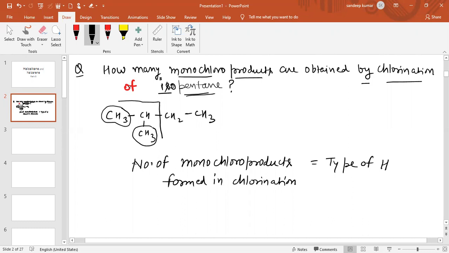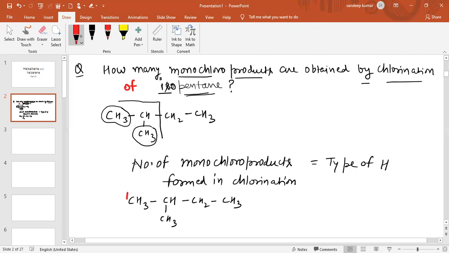So which type of hydrogen? See, I am circling all the hydrogens, like CH3, CH, CH3, CH2, CH3.